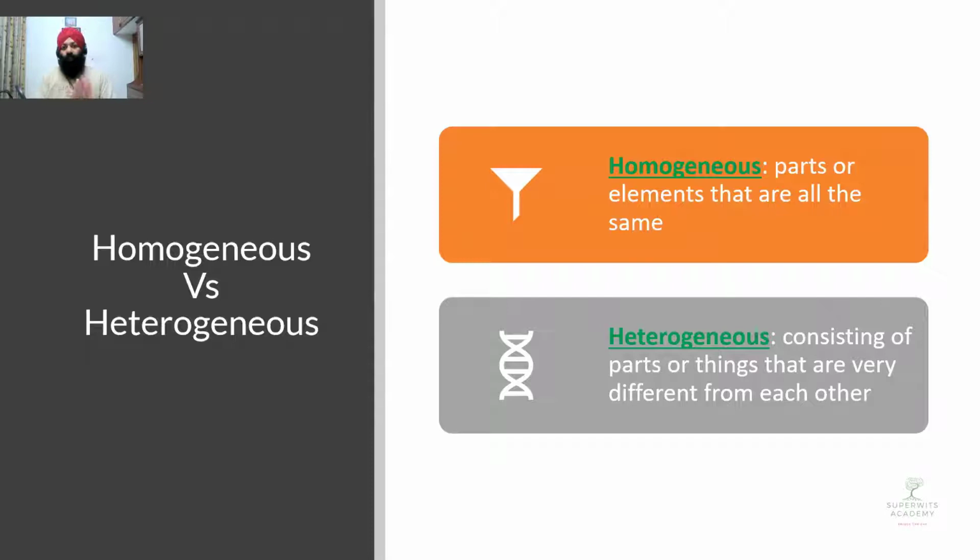So when you say homogeneous, we are actually looking at something which has the same elements or same parts, right? And when you talk about the heterogeneous side, it consists of different types of configuration or different types of parts, and each component will be different from the other one, right?